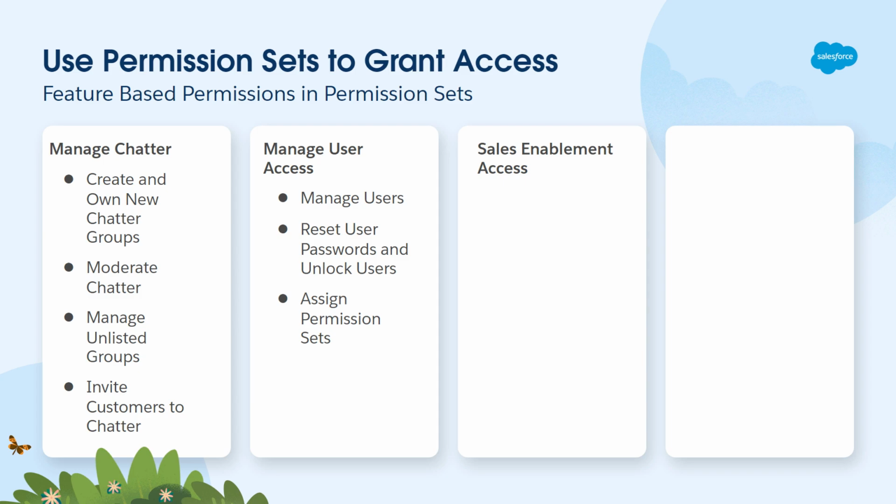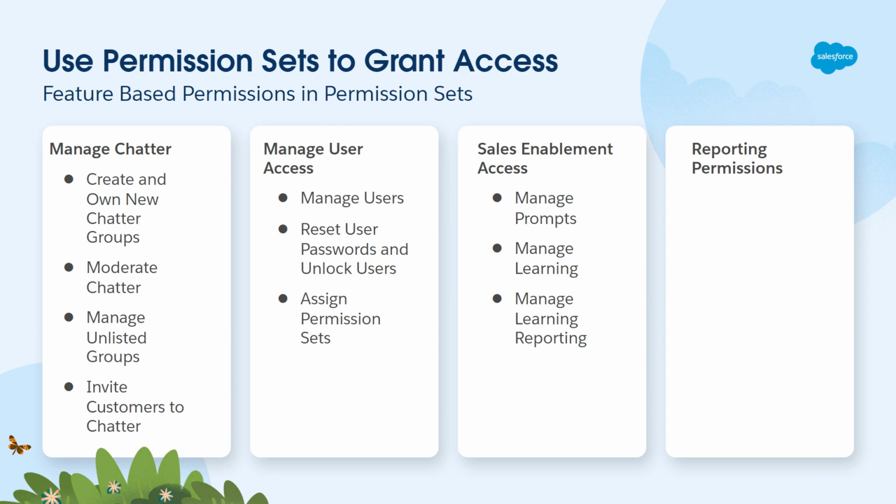Then what about features? So say you've got sales enablement, what used to be called My Trailhead in your org. You could use a permission set to grant out the access for the moderators of that. So to manage prompts, to manage learning reporting. So these are around features.